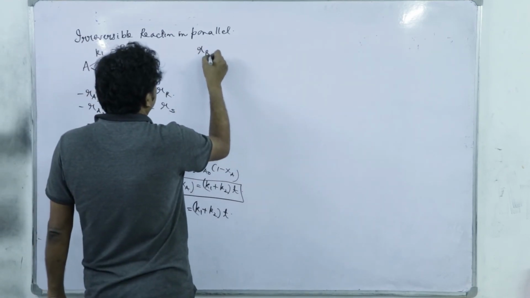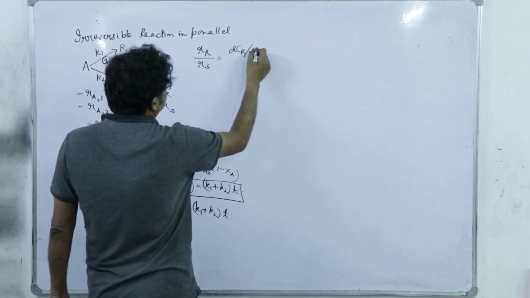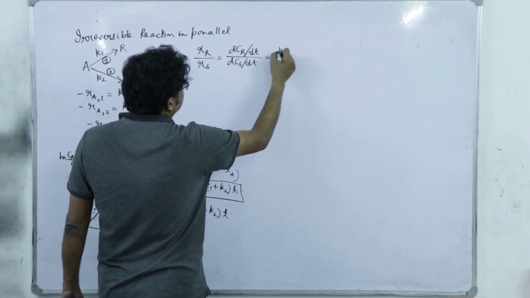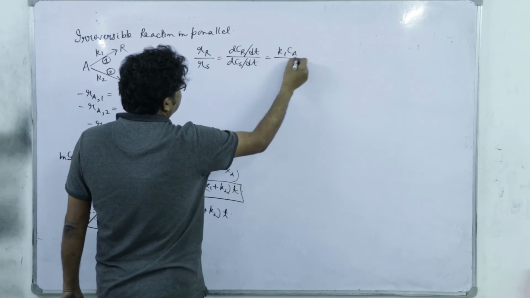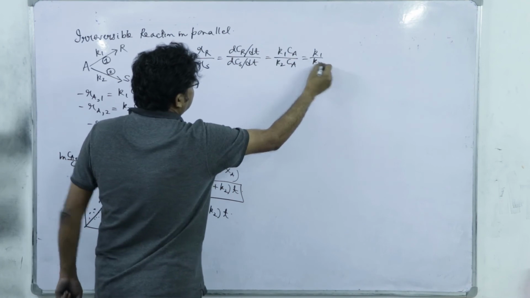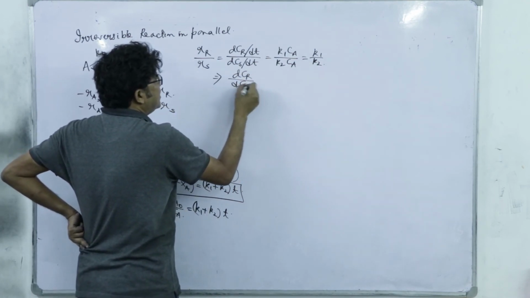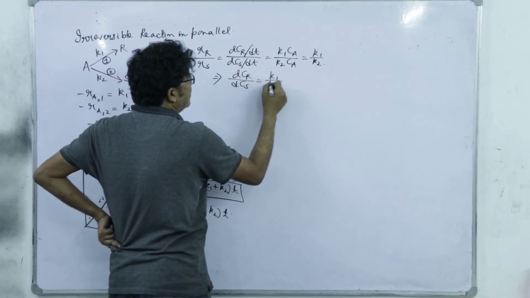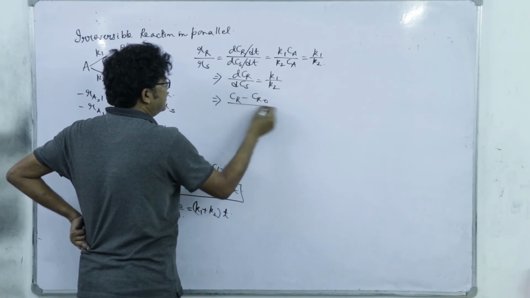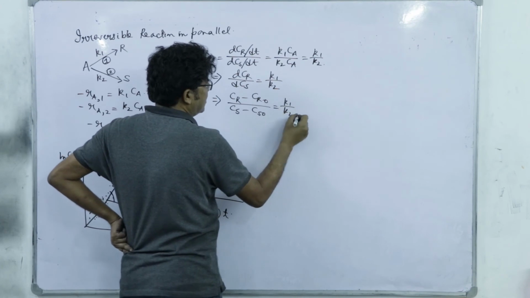You see rR by rS is equal to dCR/dt by dCS/dt, equal to K1 CA by K2 CA, which is K1 by K2. So dCR by dCS is K1 by K2. So CR minus CR0 over CS minus CS0 equals K1 by K2.